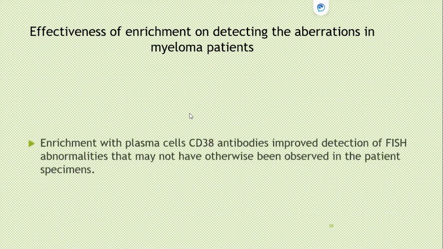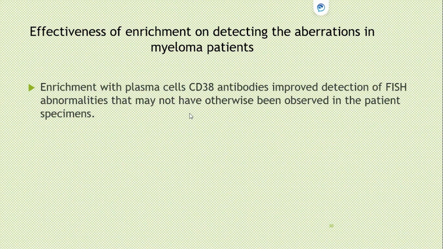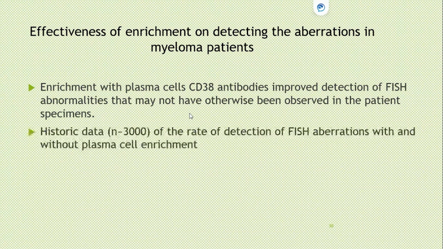How effective is this? You can imagine that you're handpicking the abnormal cells, and then you do the FISH technique directly on those cells, and now you look at it under the scope. So you're not losing anything, any cell under the cutoff value, low-level abnormalities, you still can see it. And I'm going to share with you a retrospective study that we did in my previous company.